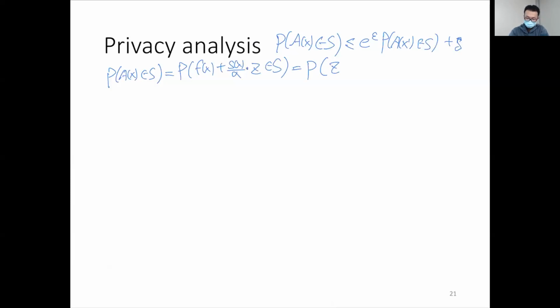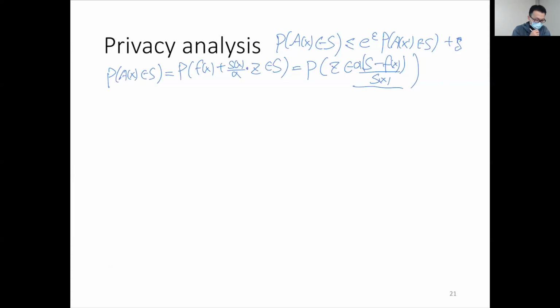So this says that this z belongs to, I guess, S minus f(x), divided by smooth sensitivity and multiplied with this alpha parameter. Okay, so this is a set subject to this translation and scaling property. You first translate it, and then you scale it by a factor of alpha over S(x). So that's defined like just now, and everything is well defined.